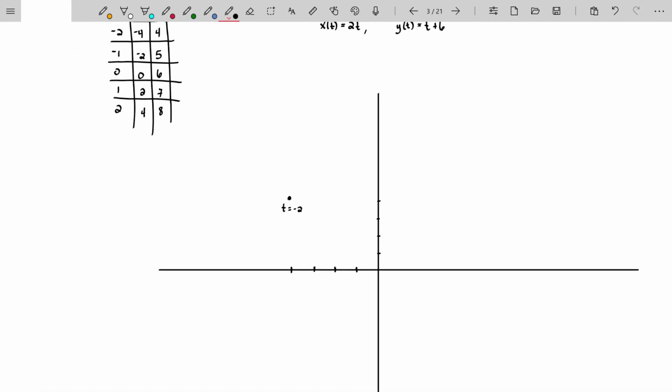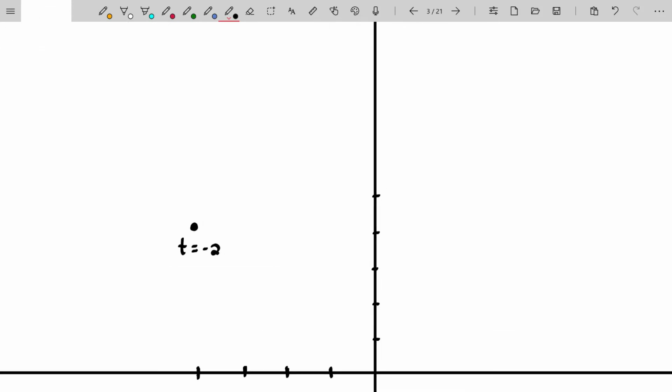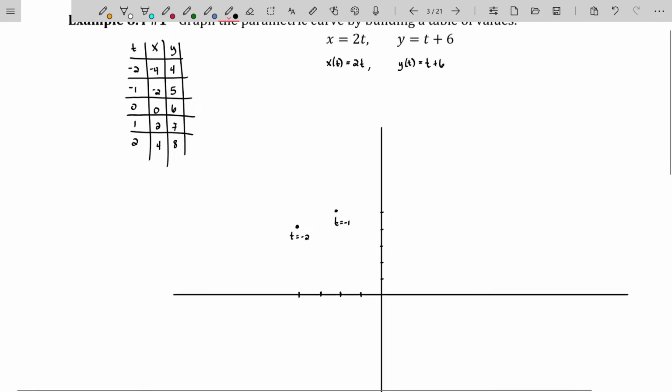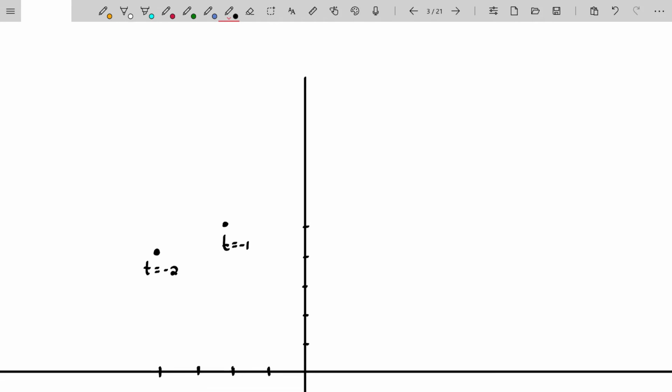Now we're going to go ahead and plot the next point, -2, 5. So back to up 5. Let me go ahead and plot that. Somewhere around here, that's time equals -1. And then 0, 6. So that's just one up here. There we go. It's time equals 0.